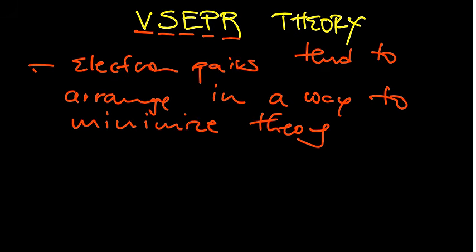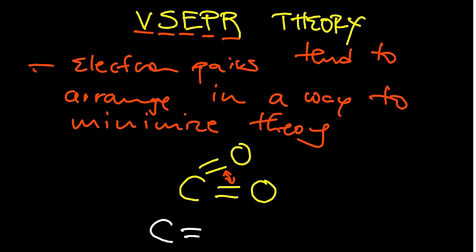So in a case where you have, for example, carbon dioxide, assuming these bonds are like this as they're forming, the closeness causes repulsion. So they are going to arrange themselves in a way that the repulsions are minimized. That gives rise to such an arrangement. That's what this theory tells us.